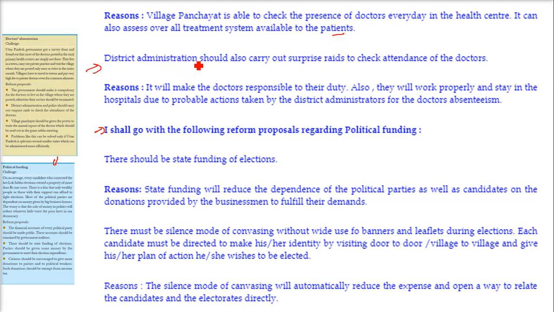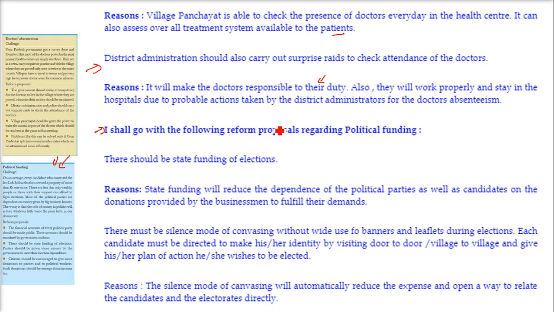And the district administration should also carry out surprise raids to check the attendance of the doctors. The reason is it will make the doctors responsible for their duty. Also, they will work properly and stay in the hospitals due to probable action taken by the district administrators for doctors' absenteeism.